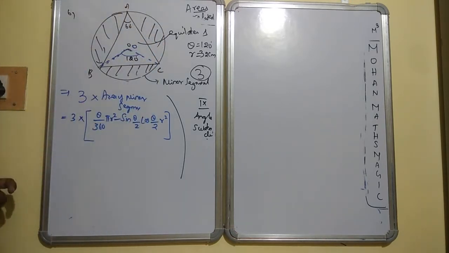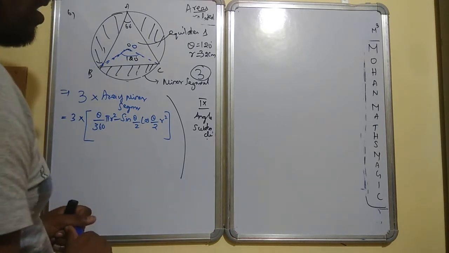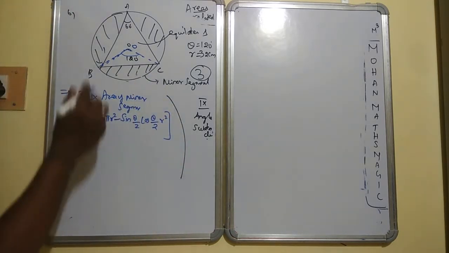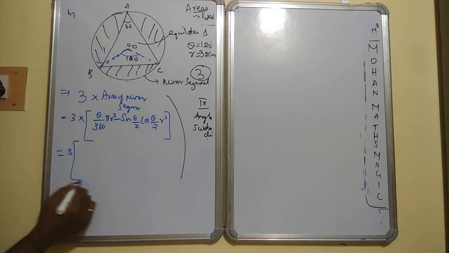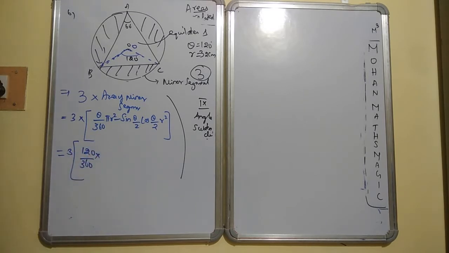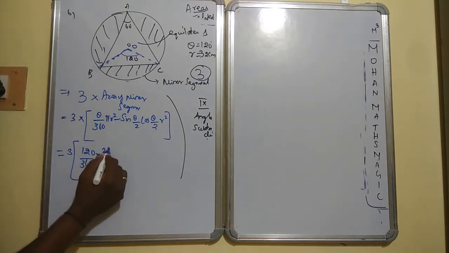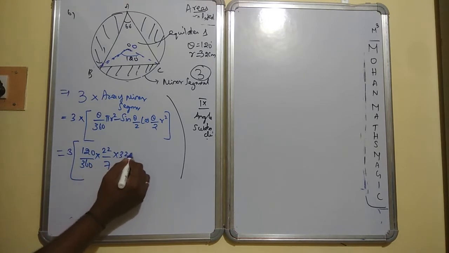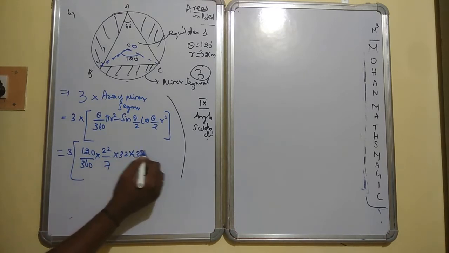Now it is mere substitution of the values. There is one more method also, but this is the easiest method. Theta value is 120, so 3 times 120 upon 360 times pi value 22 upon 7, radius value 32 into 32. The entire sum I will do for you.